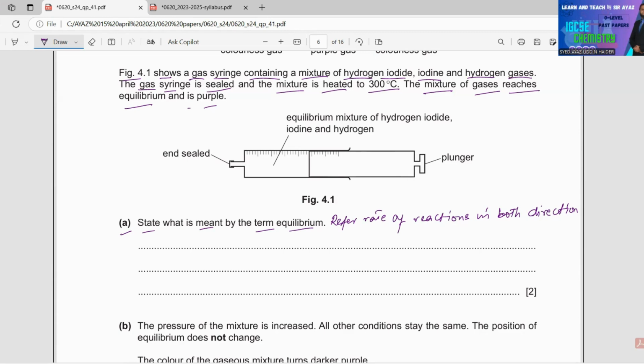So you'll write rate of forward reaction equals the rate of backward or reverse reaction.